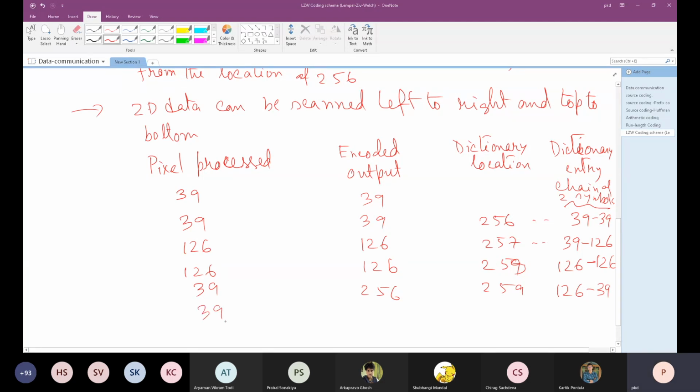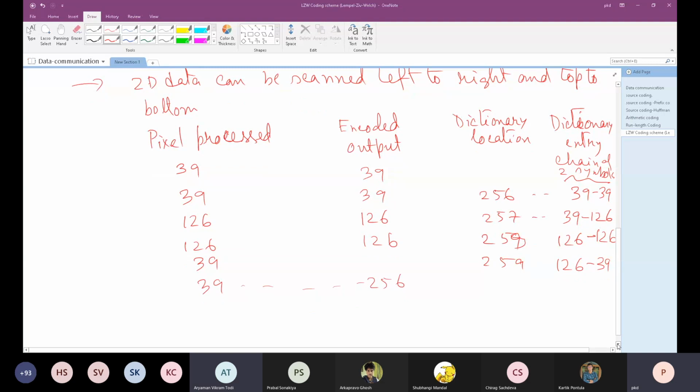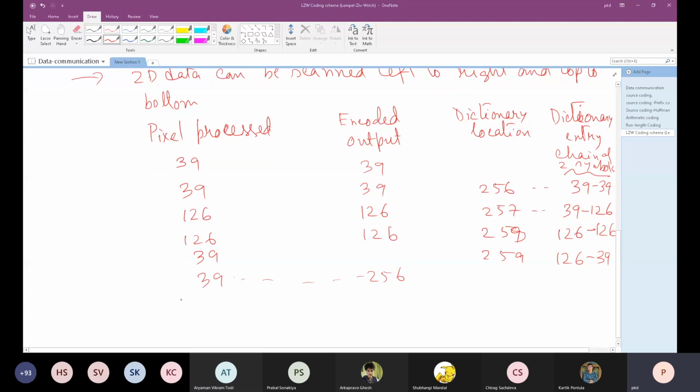So corresponding to that, instead of 39, 39, we are writing 256. Okay. So next we will scan 126. I could understand this table. So how am I making this table?